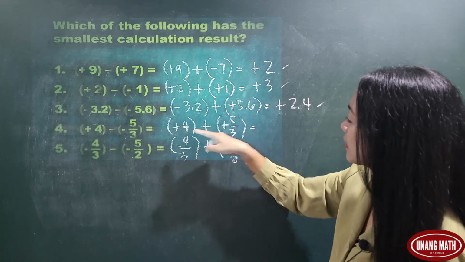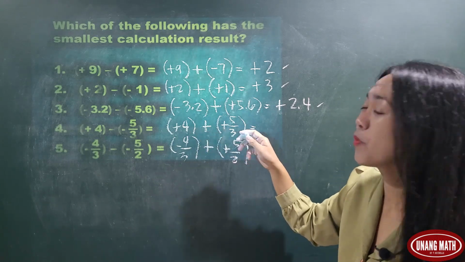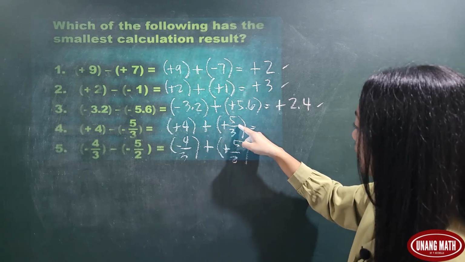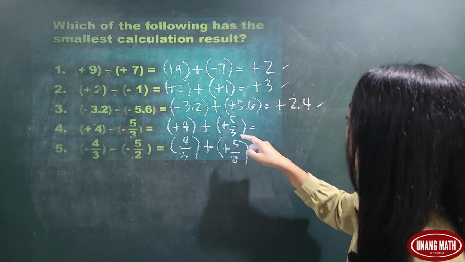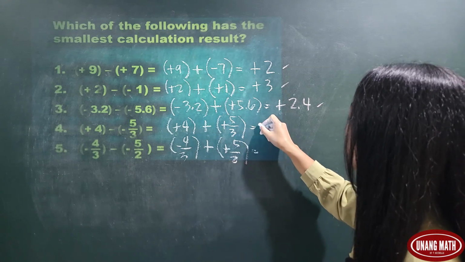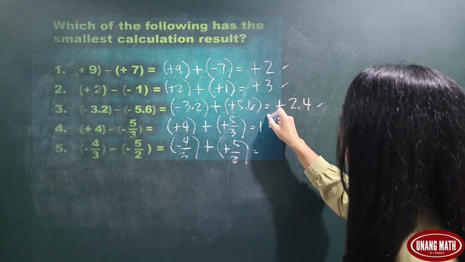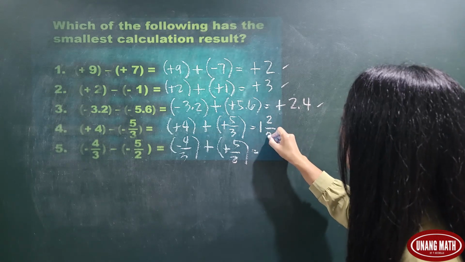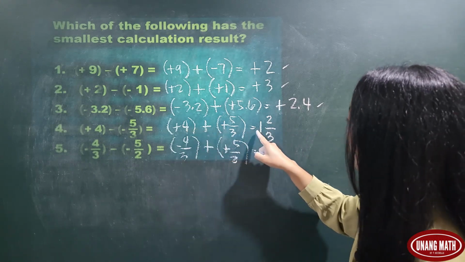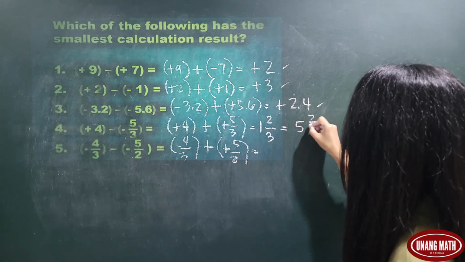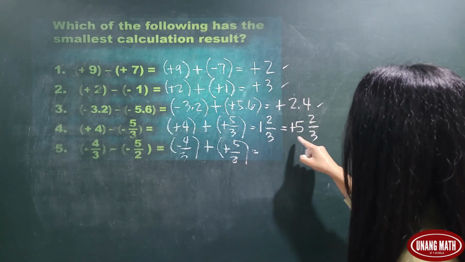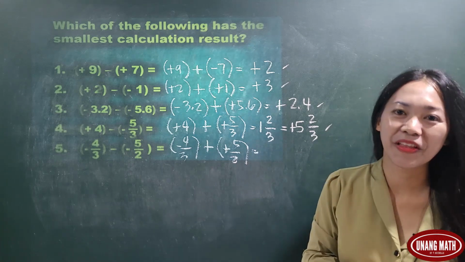Both are positive numbers, so we just need to add. Turn 5 over 3 into a mixed number first. 5 over 3 is equal to 1 and 2 over 3. So 4 plus 1 and 2 over 3 is equal to positive 5 and 2 over 3.